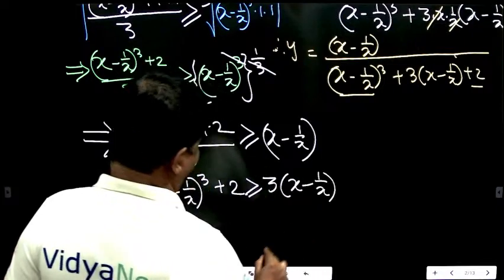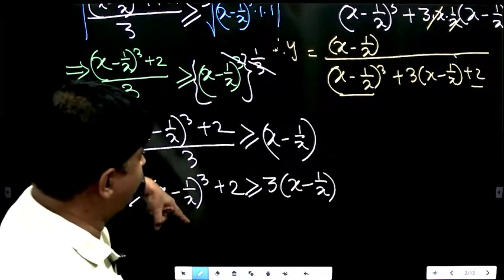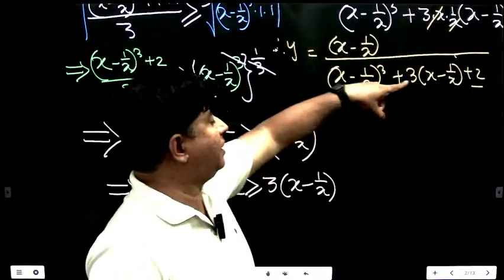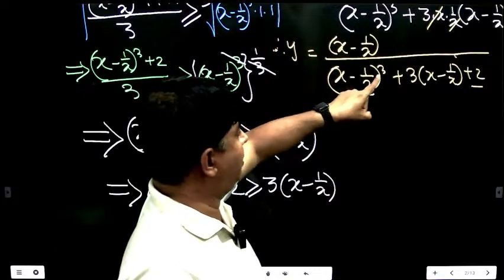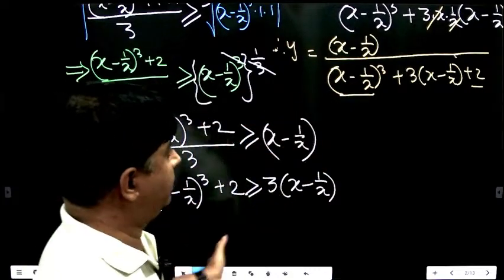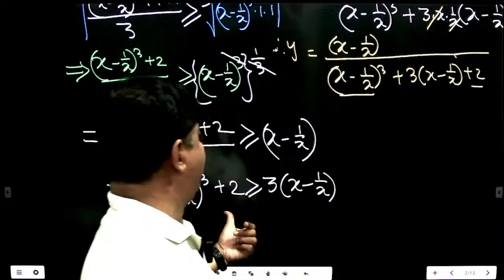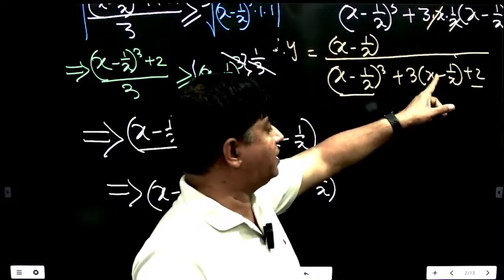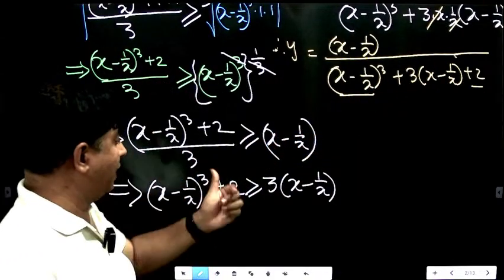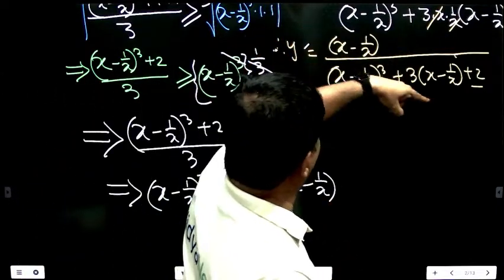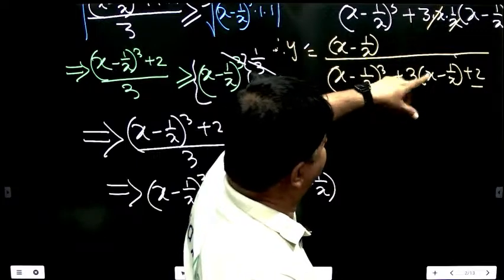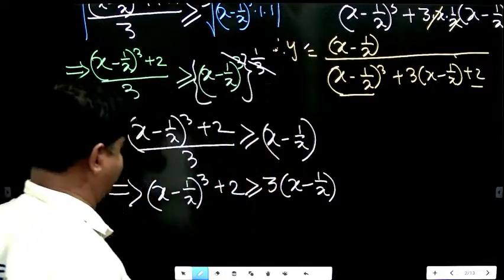This thing. Does it match with the denominator of the given expression? Not yet. Because here we have had (x minus 1 by x) whole cube plus 2, but the 3x plus x minus 1 by x part we have got in the right hand side. In the main sum, we have had this thing in the left hand side in the denominator.